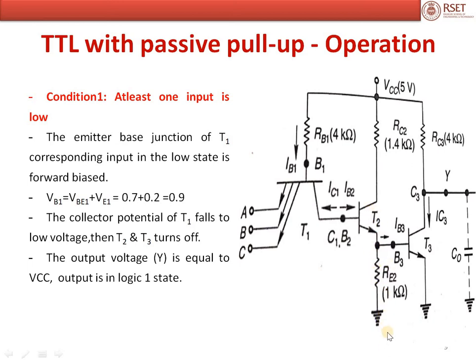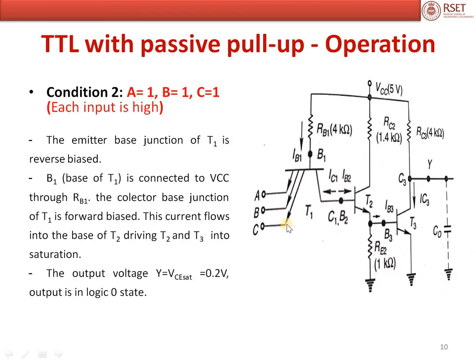The voltage developed across RE2 will be approximately 0, so the transistor T3 remains off. If transistor T3 is off, its collector potential is equal to VCC and the output is in logic 1 state.